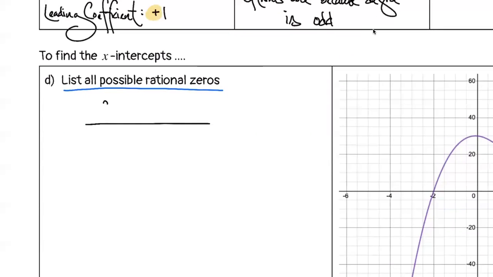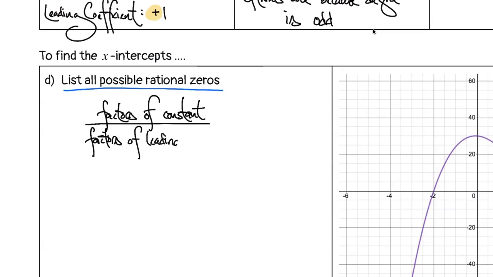We're gonna do factors of the constant term, and we're gonna divide it by factors of the leading coefficient. And then we're going to make sure we consider positive and negative versions.